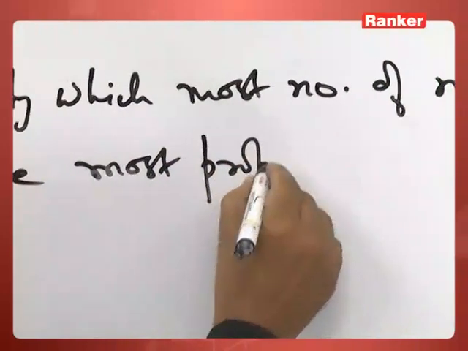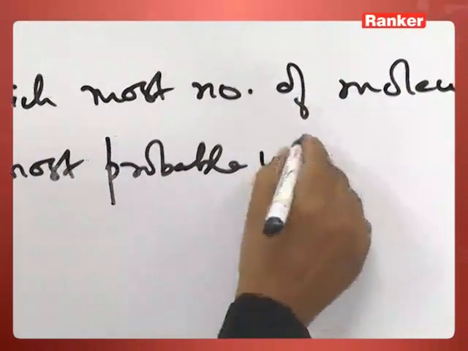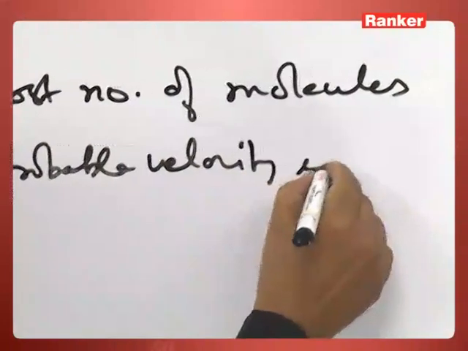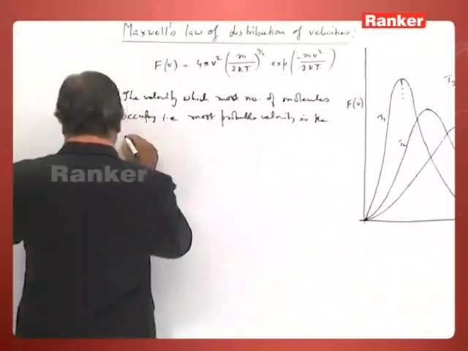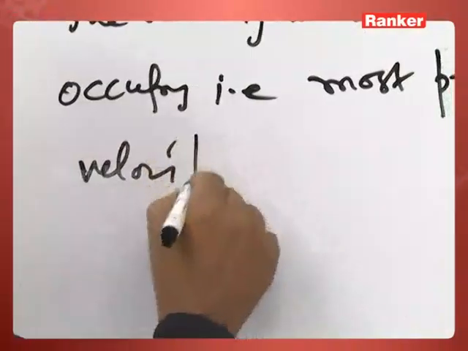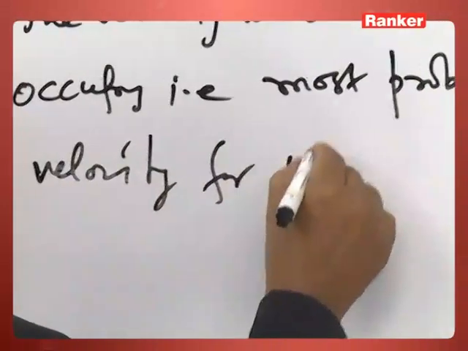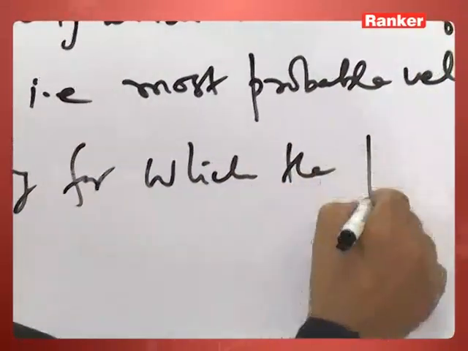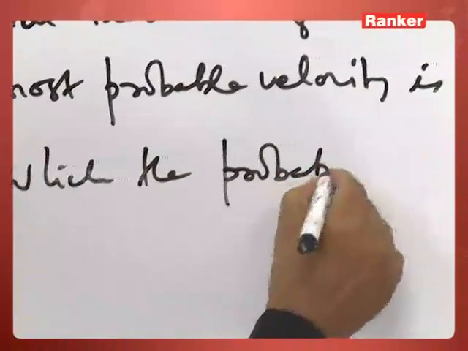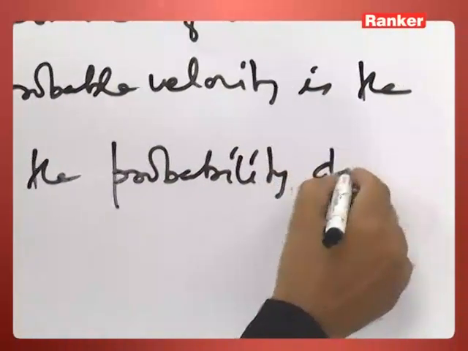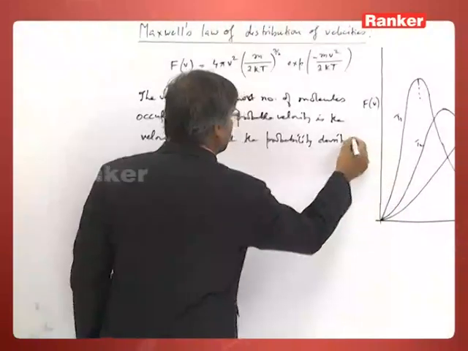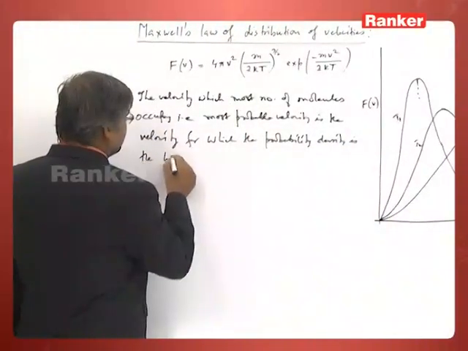Most probable velocity is the velocity for which the probability density is the highest.